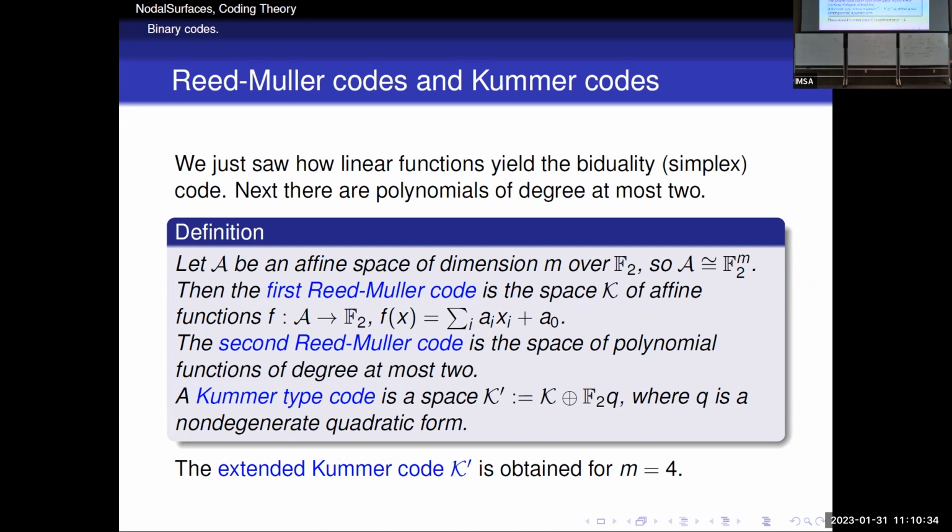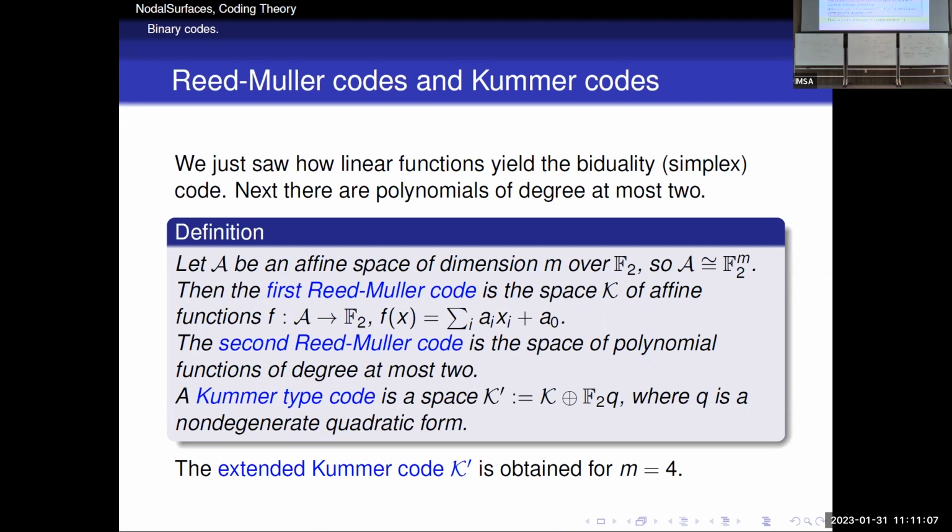This is too large. The Kummer-type code is very simple. You just take the first Reed-Muller code and add one non-degenerate quadratic form. And if you know theta functions, you see that somehow the condition that a half period belongs to the zero set of the theta functions is given by this quadratic function.